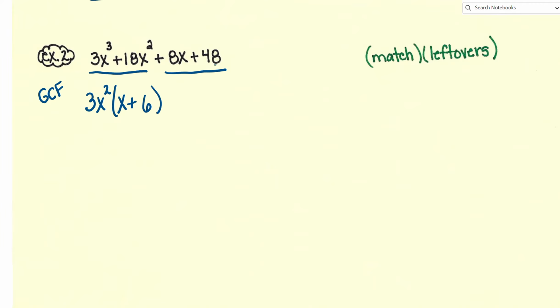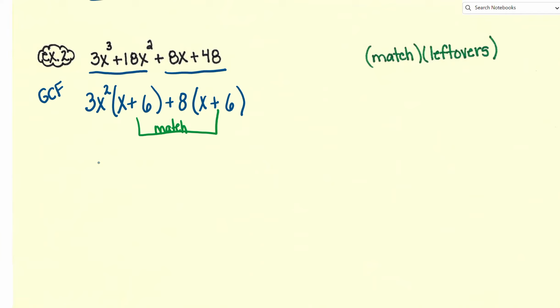Then here we see that they both have an 8, so take out an 8. And 8x, take out the 8, you're left with x, plus 48 divided by 8 is 6. And again, I have my match, or a common factor to both terms.